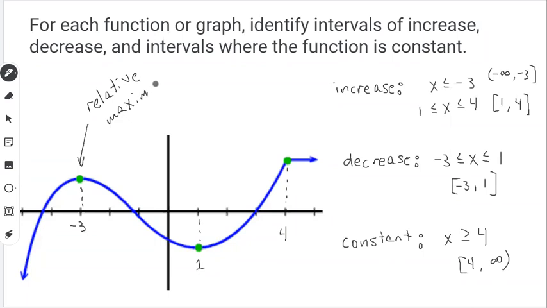Relative maximum. And then it flies down the hill, which means the function is decreasing until it reaches the bottom of the hill. We call that the relative minimum. The relative minimum. And then the function goes back up the hill until it reaches the top again. It reaches another maximum.